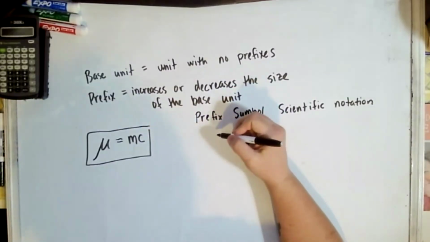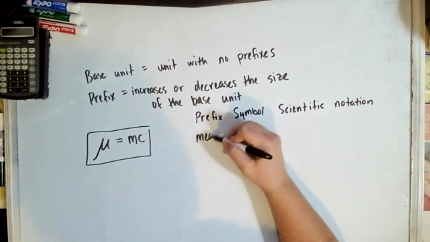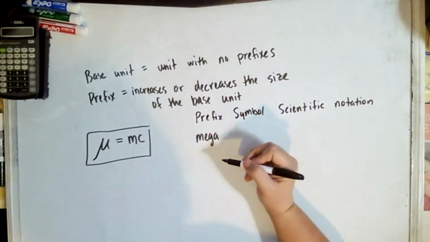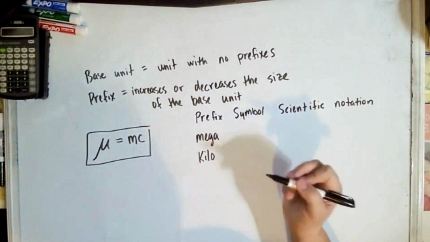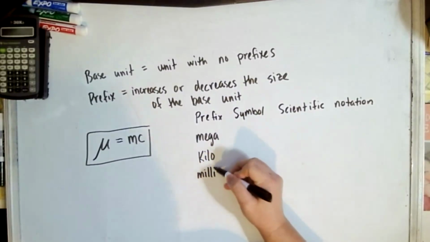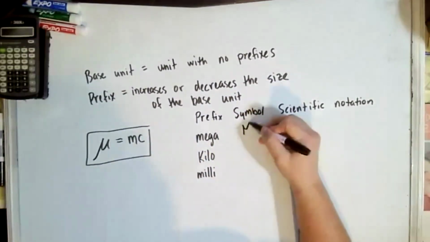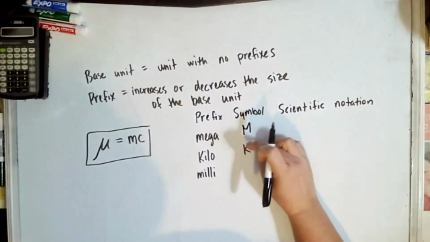So let's do a mega. We can do kilo. And then we can do milli. Okay, so capital M, lowercase k, which doesn't look very lowercase.